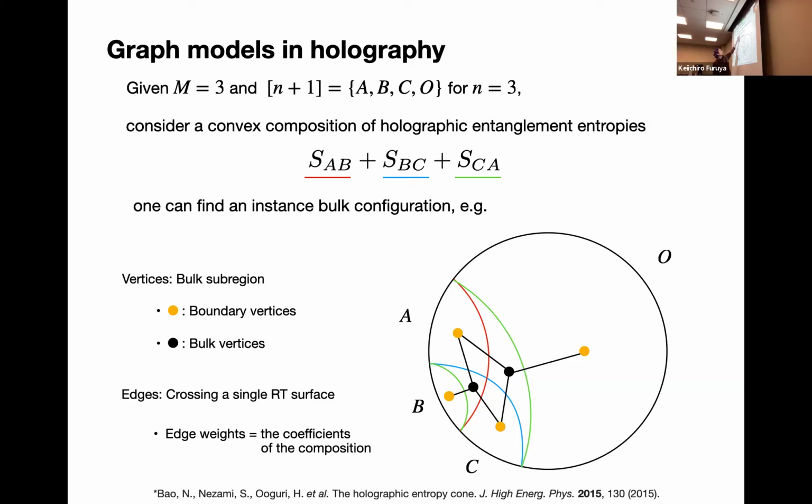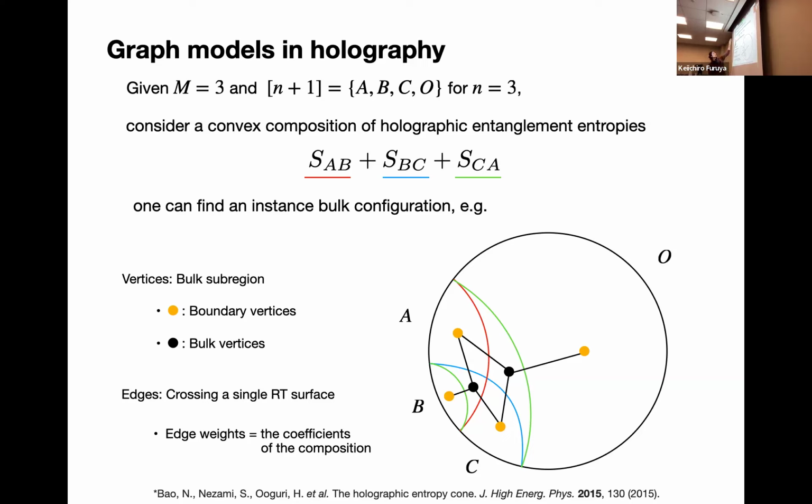So AB is proportional to the geodesic, this red line, that has both A and B. Then BC corresponds to this, and CA to this. I'm considering them to be in the connected phase, so this and this are the RT surfaces.